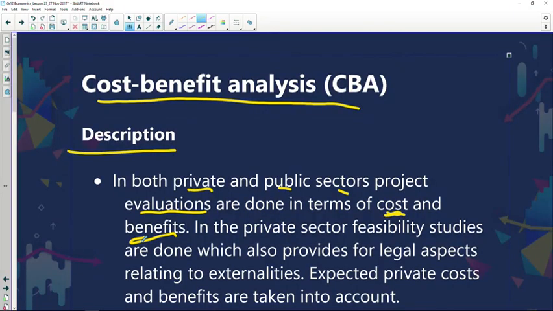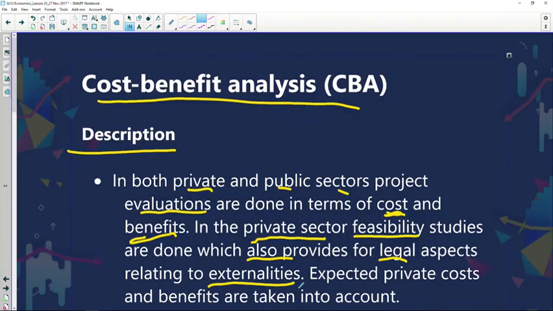And then also we need to know that in the private sector, a feasibility study is done, and it also provides the legal aspects relating to the externalities. A feasibility study shows whether a project is feasible, is doable, in other words. So they will consider all the costs that are involved.